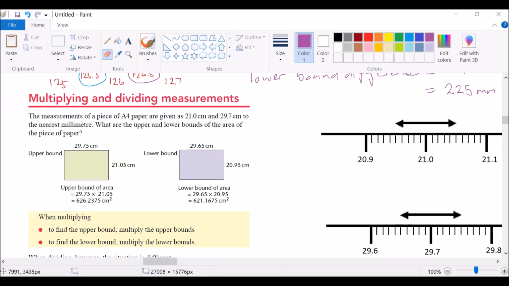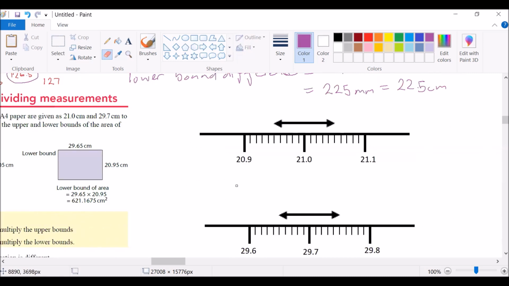The measurements of a piece of A4 paper are given as 21.0 centimeters and 29.7 centimeters to the nearest millimeter. What are the upper and lower bounds of the area of the piece of paper? So we have the representation there, 21.0. Before that, to the nearest millimeter, is 20.9, and the next millimeter is 21.1.